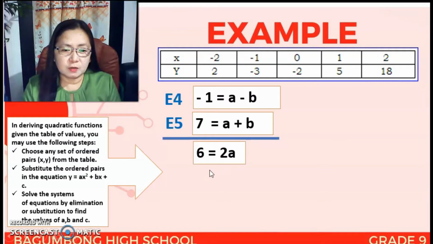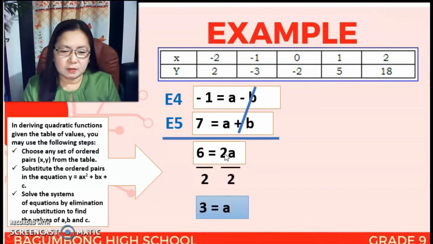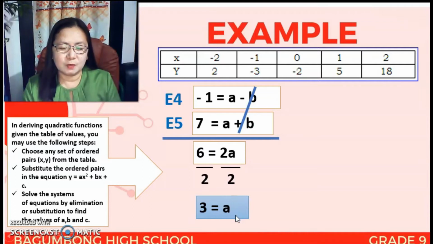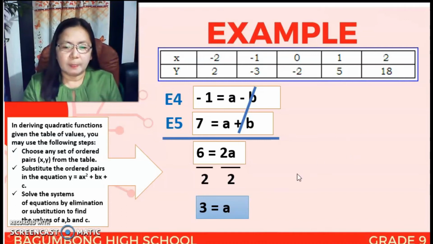So by addition, negative 1 plus 7 is 6 is equal to 1a plus 1a is 2a. Negative b plus b is 0. So to get the value of a, we will divide both sides of the equation by 2. 6 divided by 2 is 3. 2a divided by 2 is a. So a is equal to 3.